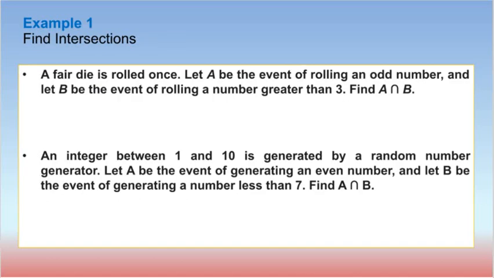For example, a fair die is rolled once. Let A be the event rolling an odd number and B being the event of rolling a number greater than 3.